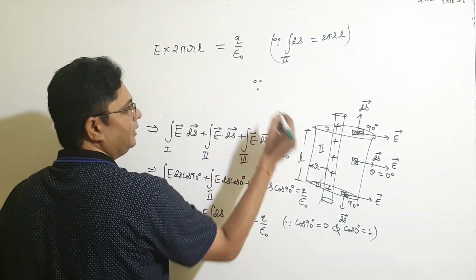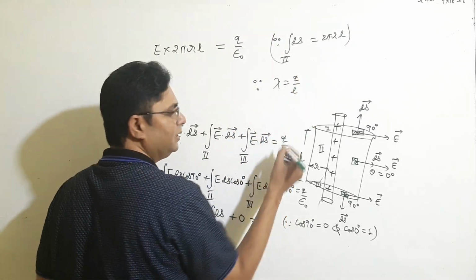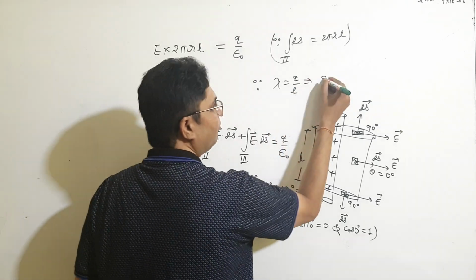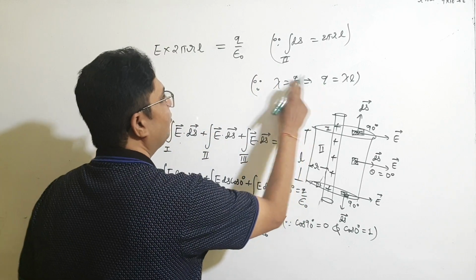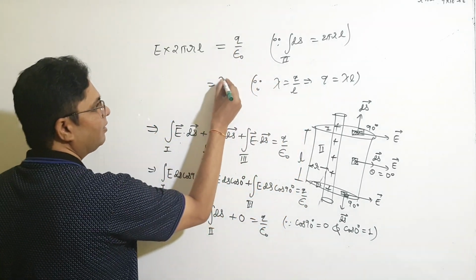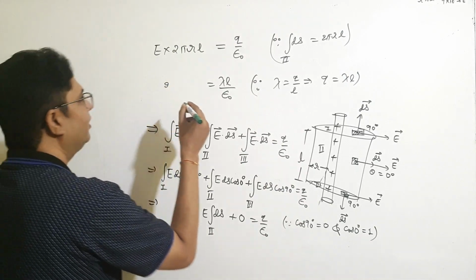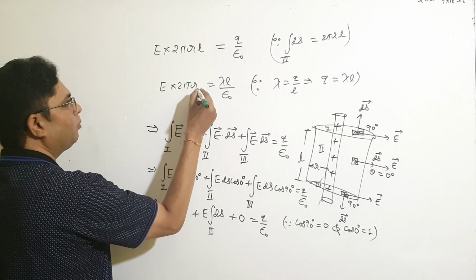Now second part is, we know that lambda is equal to Q upon L. This is said to be linear charge density. So you have Q is equal to lambda into L. So put the value of Q here. So you have lambda L upon epsilon naught, and on the LHS side you have E into 2 pi RL.